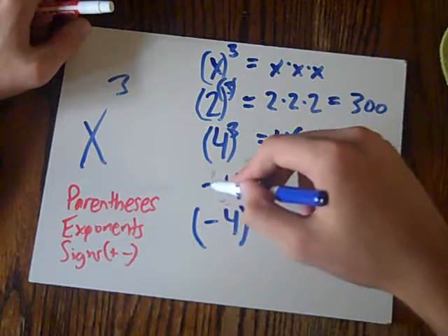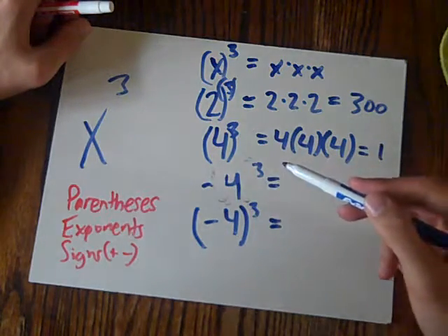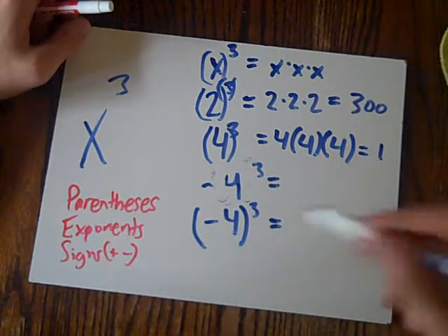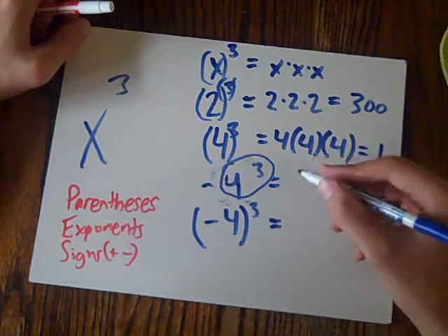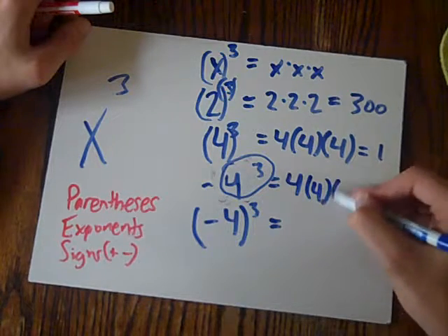This sign is already out there, so it doesn't really matter. We have to worry about that later, because that comes third, not second. Second is exponents. We do this part first. So let's do 4 times 4 times 4.